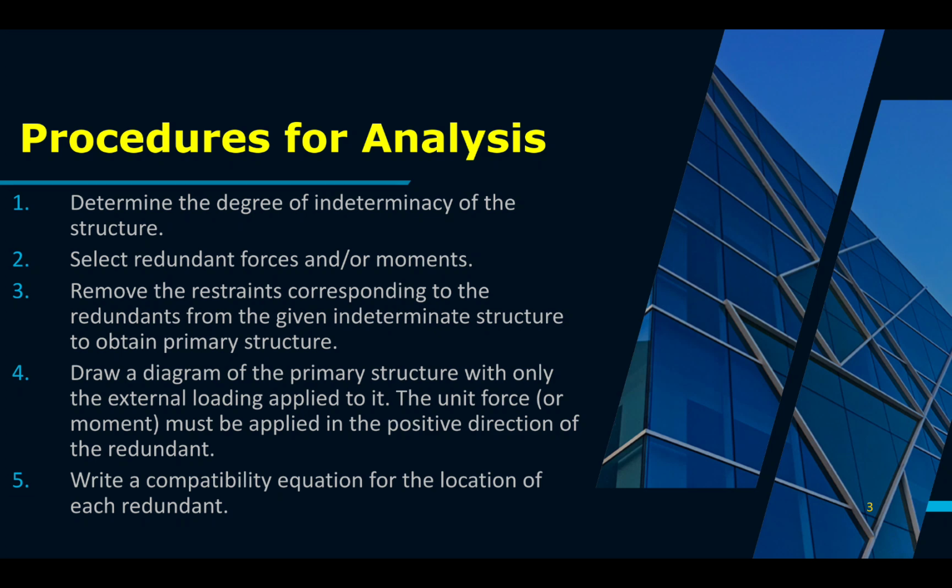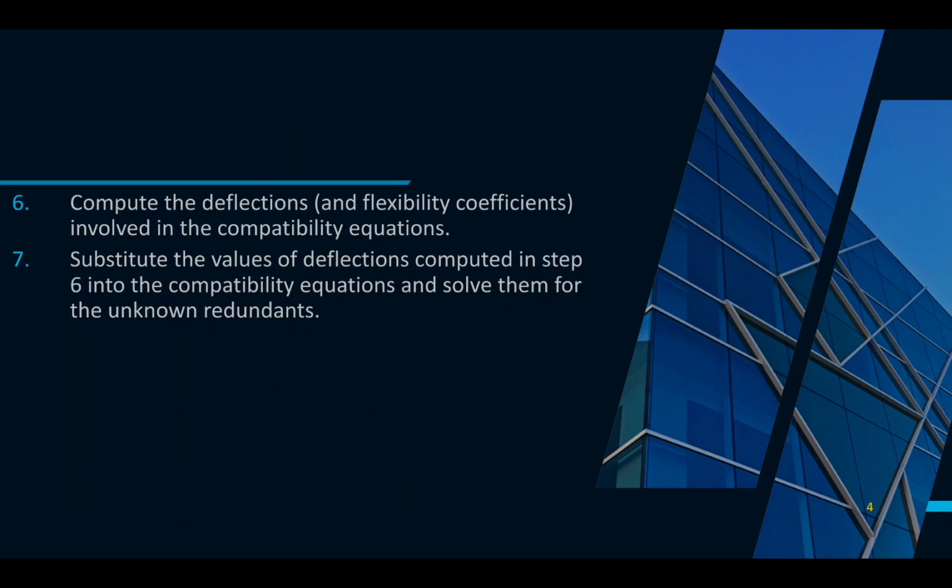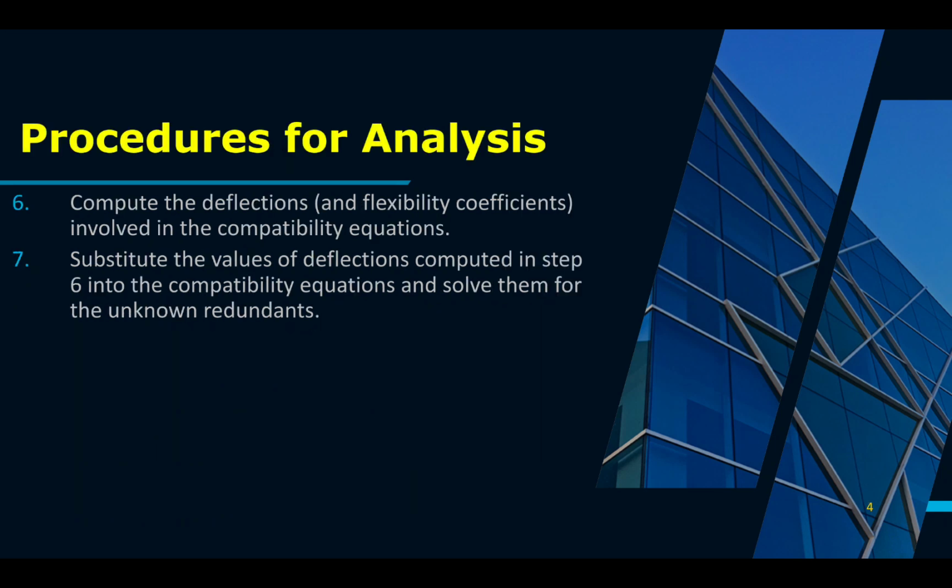The total number of compatibility equations must be equal to the number of redundants. So if we have 3 redundant supports or reactions, there must be a total of 3 compatibility equations. Then for step 6, compute the deflections and flexibility coefficients involved in the compatibility equations.